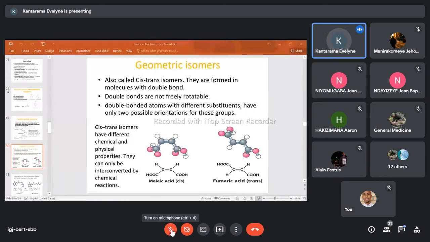Now, cis-trans isomers are possible where we have a double bond. This double bond cannot rotate. It is not freely rotatable. Therefore, other bonds around this double bond can rotate, but this bond is not flexible to rotate.